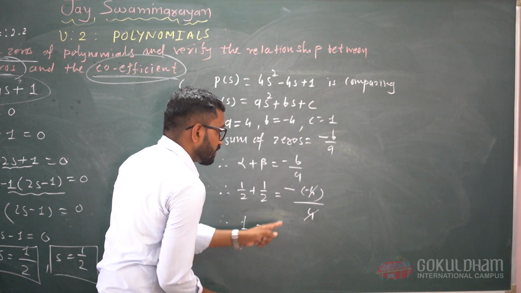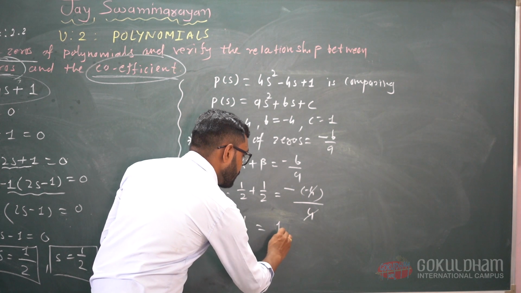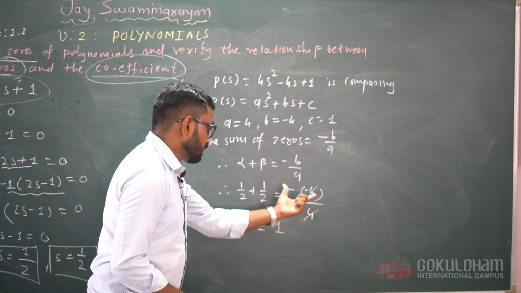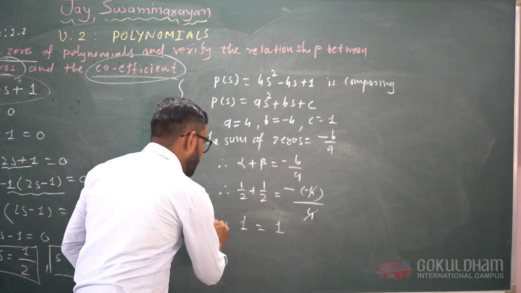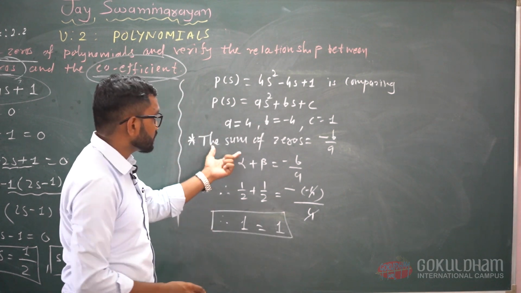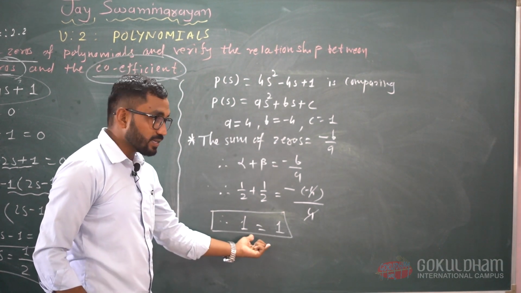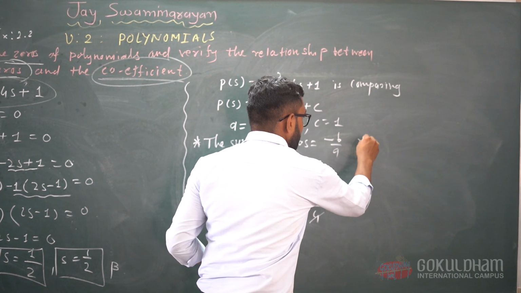The 4s cancel out, minus minus plus, so the value is 1. Both values are the same. The sum of zeros is justified.